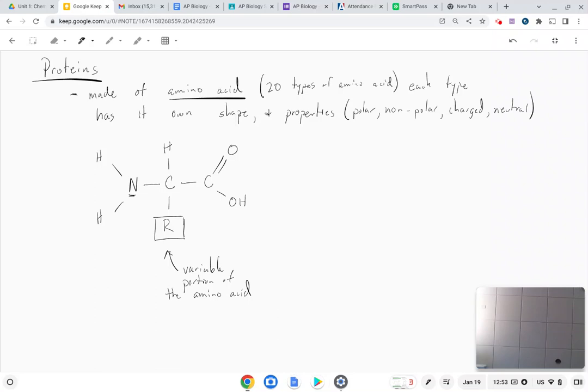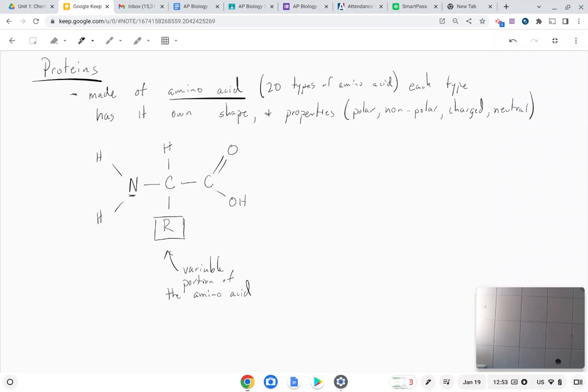Let's verify that. Carbon, 1, 2, 3, 4. Check. Carbon, 1, 2, 3, 4. Check. Carbon always forms 4 bonds. And once again, that's one of the features of carbon that lends itself to a lot of interesting shapes and structures.